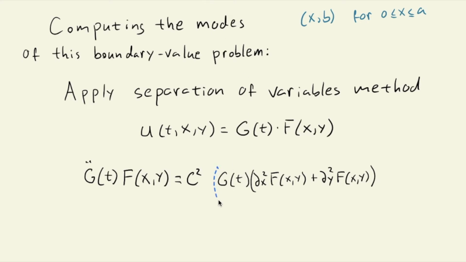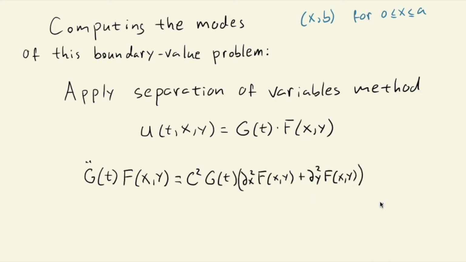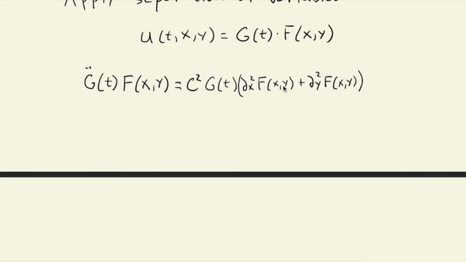Alright, so this is how the equation looks right now after we took into account that u has this form. This, by the way, is the Laplacian of the function f, right? So just to make it a little prettier to write, this is going to look like g double dot of t f(x, y) is equal to c squared g of t Laplacian of f(x, y), right?